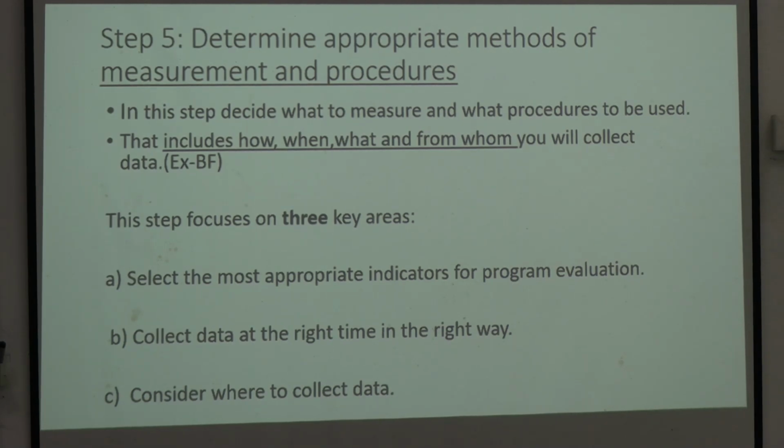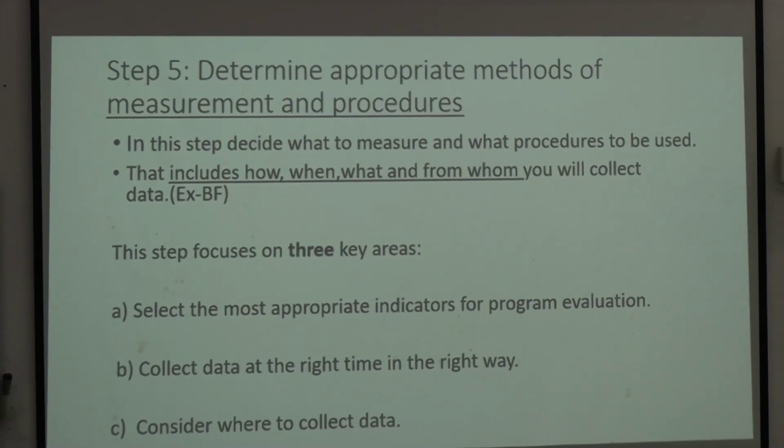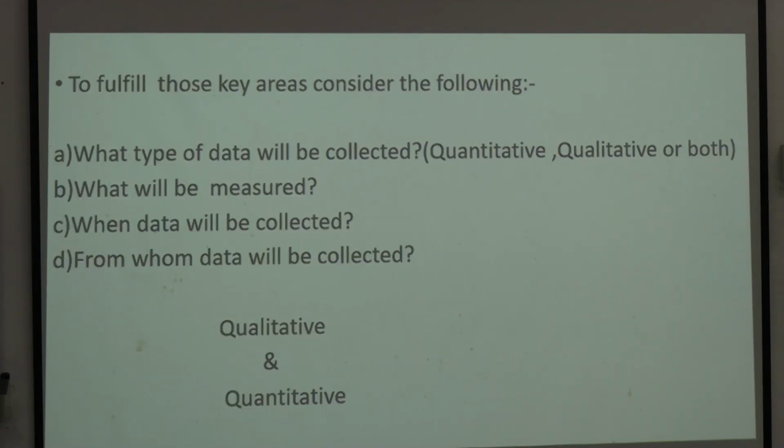Number 1, the appropriate indicators. Then what things you would like to measure? Indicator means the objective, nothing but. Okay. Say for example, indicator means MMR, IMR, these are the indicators. Okay. Next, you have to collect the data at the right time, in the right way. And third one, consider where you will collect data.